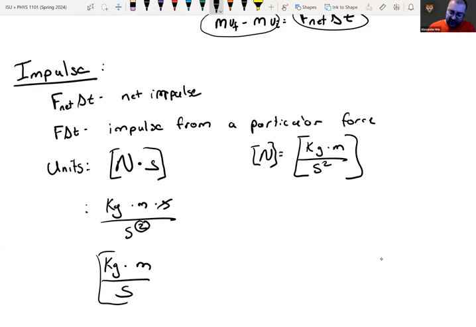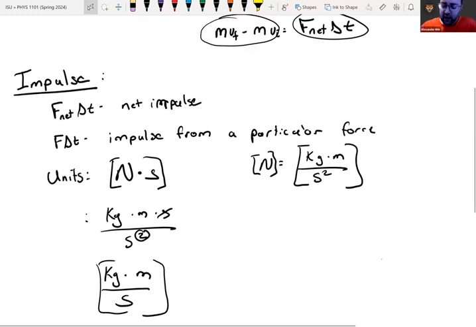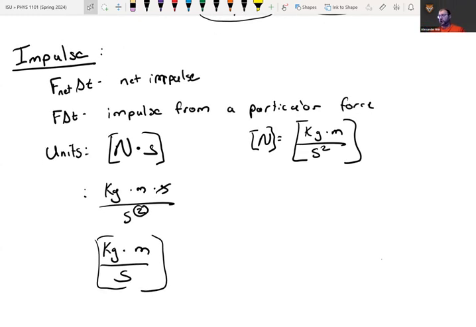Now it turns out that this is what we tend to use for the other side of the equation, the M V side. But for impulse, that tends to be given in Newton seconds. Basically, it's a quantification of how much force has been applied in terms of time. The idea is that there's something fundamentally different about applying a particular force for a split second versus applying it for an hour.